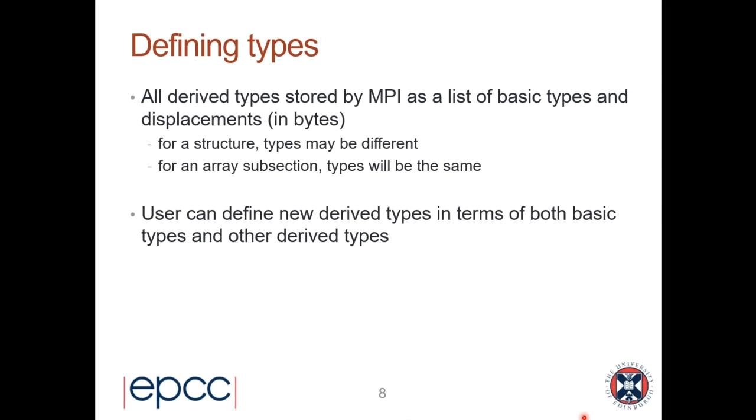In practice, there may be subtleties. Because what you do is you define what the type looks like to MPI at runtime. So if the type is only defined at runtime, then you should be able to do it. There are a lot of subtleties with Fortran types, which I'll maybe mention briefly. But I don't see any reason why you shouldn't use abstract types, because the MPI routines are called at runtime.